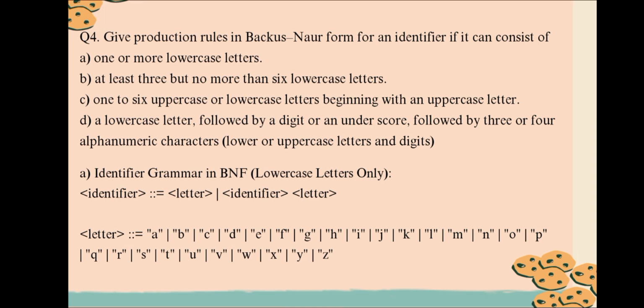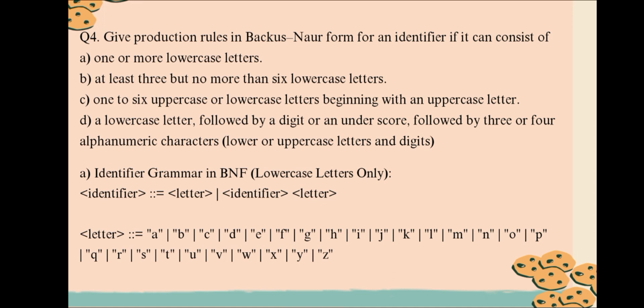Fourth is alphanumeric, which represents either a letter or a digit, allowing for mixed-case identifiers. Plus represents one or more occurrences of the preceding symbol, and in brackets n comma m represents a range of occurrences from n to m inclusive, and the pipe symbol represents a choice between alternatives.